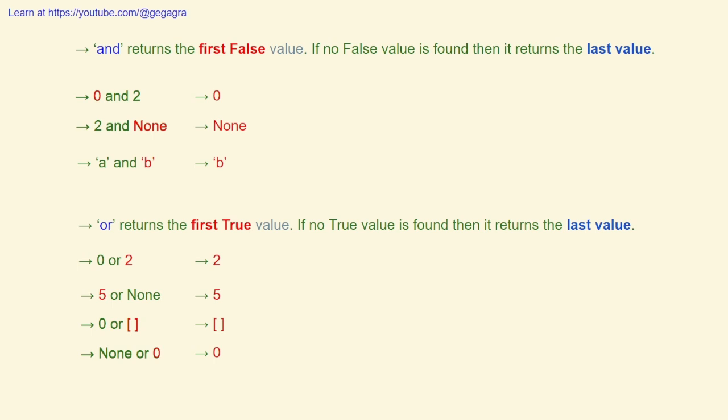Some more elucidations and examples. So see here, true and false and true. If you talk about the AND operator, the first value will be returned if it is a false value. Since true is not a false value, the first false value is false, so it will return false here.